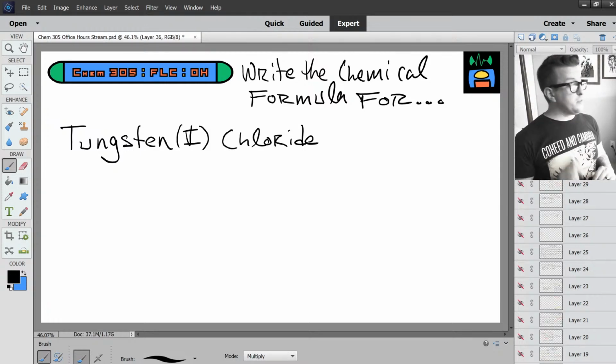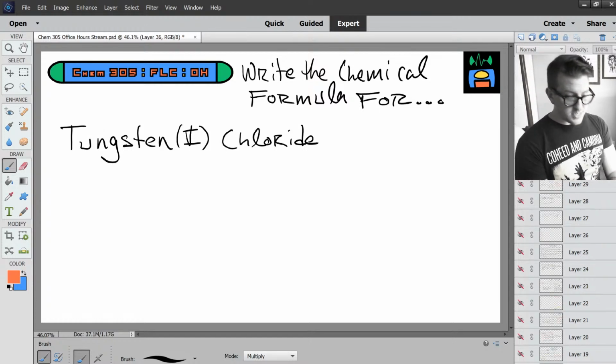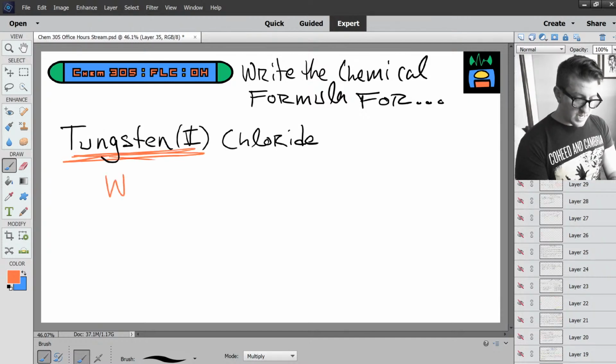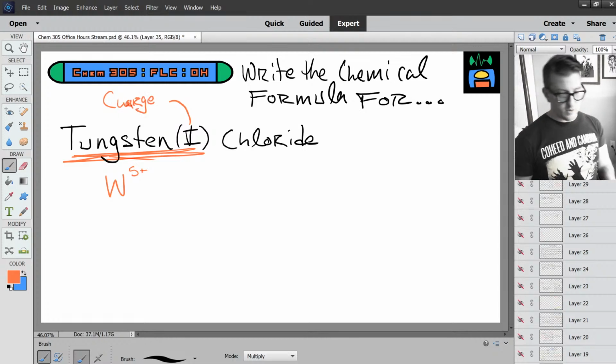So, with all of that in mind, let's write the chemical formula for tungsten chloride. All right. Now, tungsten is a transition metal. Its symbol is W, and we know that it has a charge of +5 because this is our charge right here. The charge is inside that parentheses.